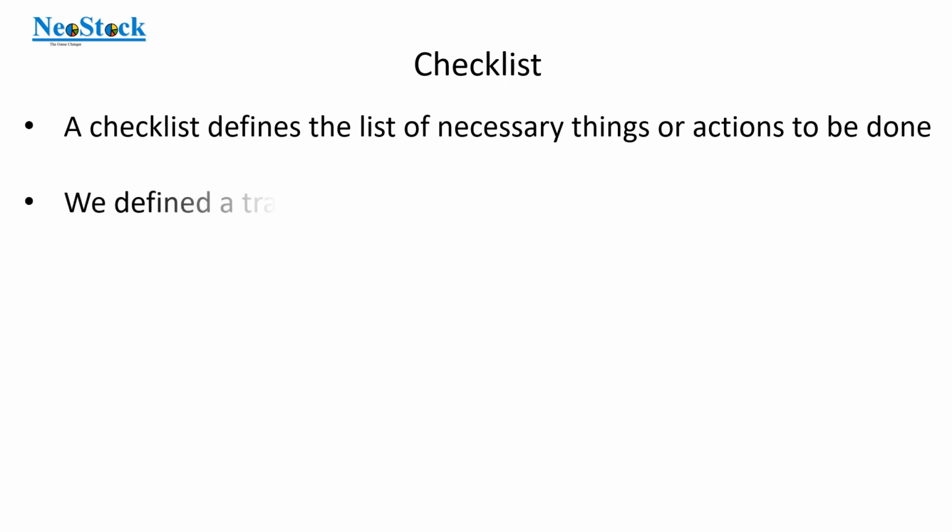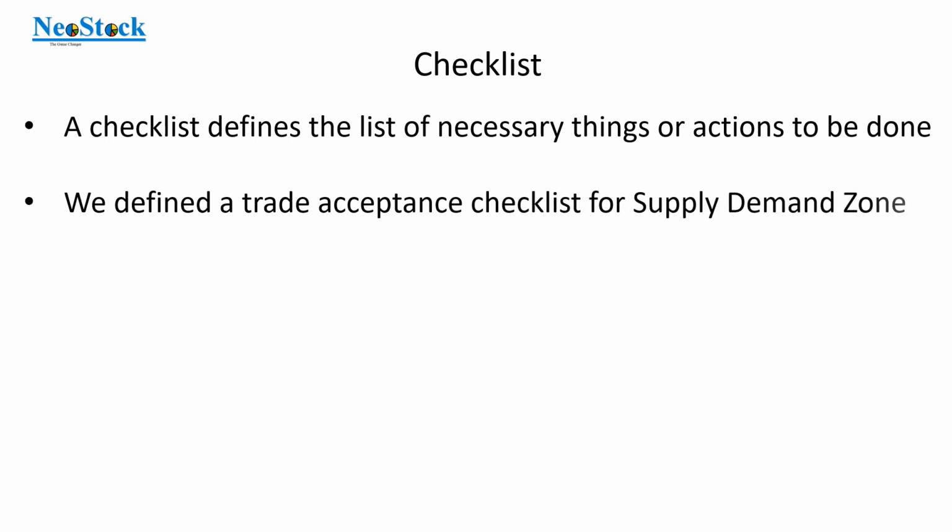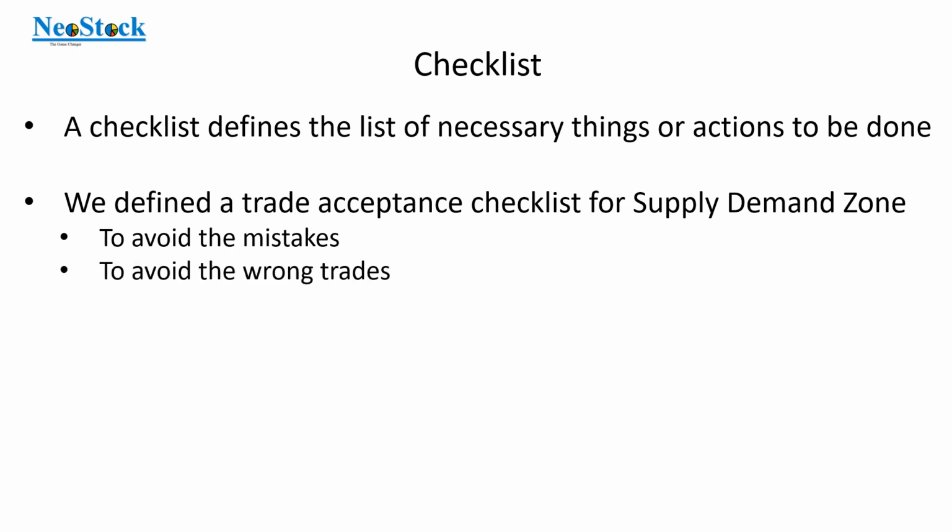So what exactly is it for our supply demand zone price action? For supply demand zone price action, I already defined the trade acceptance checklist. Why do we need this checklist? There are two main reasons. One reason is to avoid mistakes and also to avoid wrong trades.